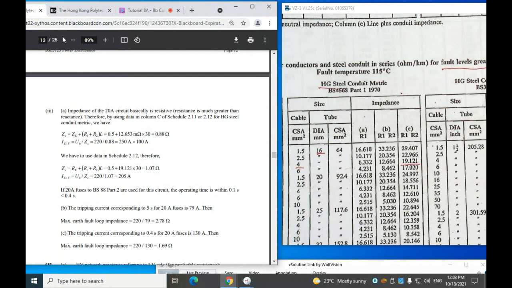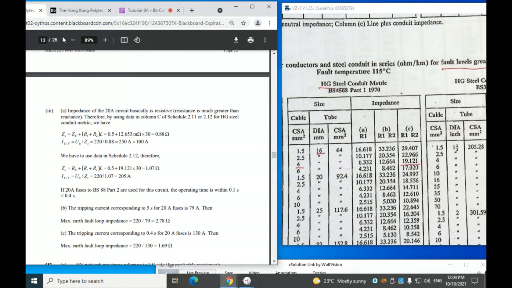Here you see you have to use the schedule to figure out the impedance value. There's some similarity, a very similar procedure in both approaches, but the difference is the determination of the impedance.